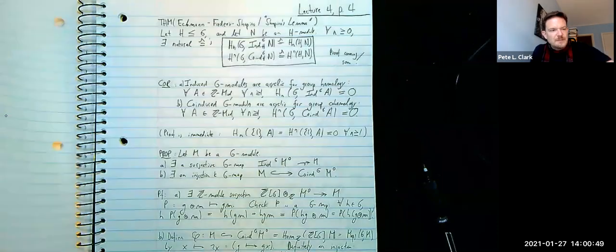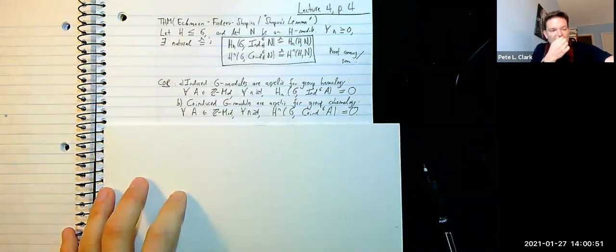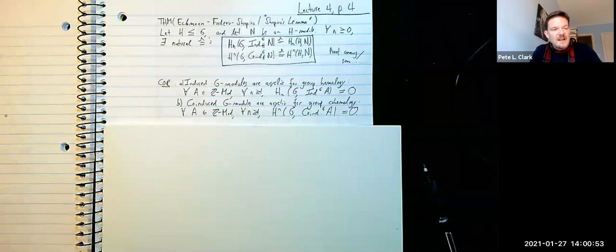And now, of course, why do we care? As a consequence of Shapiro's lemma, we see why we care. The induced G-modules are going to be acyclic for group homology. So what? This is some homological algebra. If you have some left exact functor that you're taking the right derived functors of, or I should have said the other way around first. First, we have a right exact functor, the coinvariants, that we're taking the, sorry, I had it right the first time.